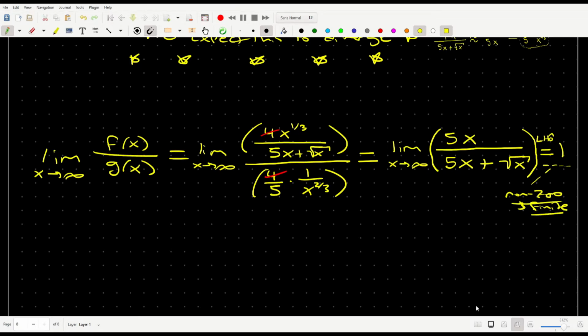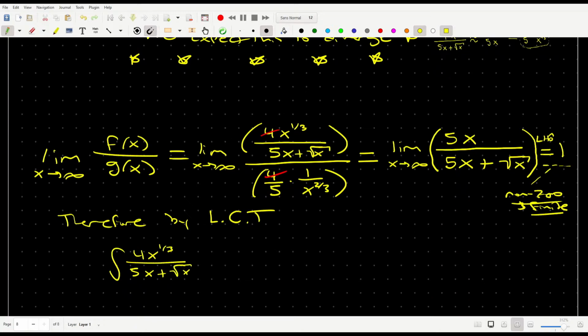So therefore, by the limit comparison theorem, the integral of f of x, which is 4x to the 1/3 over 5x plus the square root of x, must diverge.